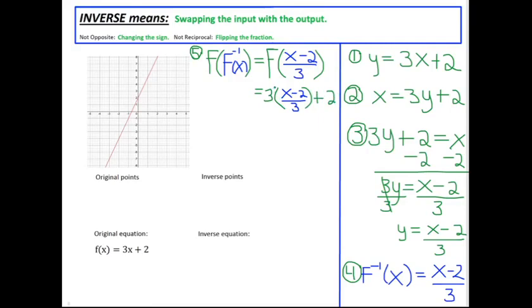And then we can simplify. So these 3's right here cancel. And I have x minus 2 plus 2, which equals, well, the minus 2 and plus 2 are going to cancel. And that equals x, which is what we wanted.